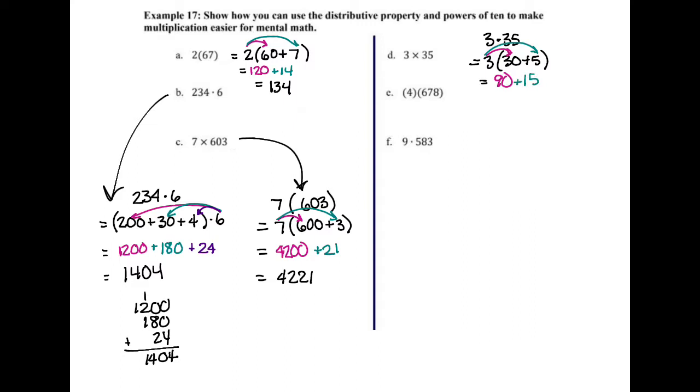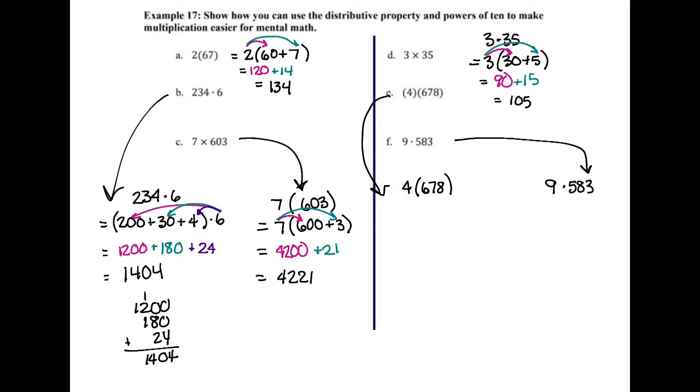So 90 plus 15 is 105. Okay, this one is going to be here, and this one will be here. So E is 4 times 678, and F is 9 times 583.